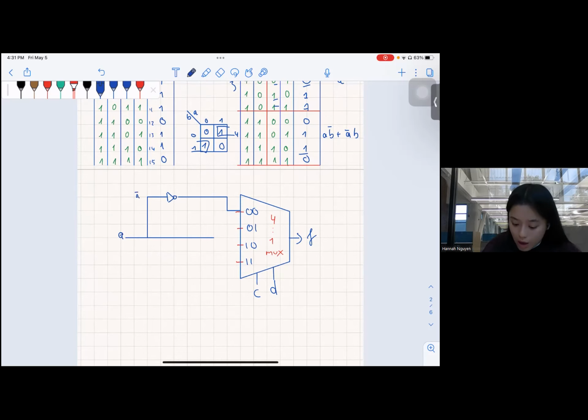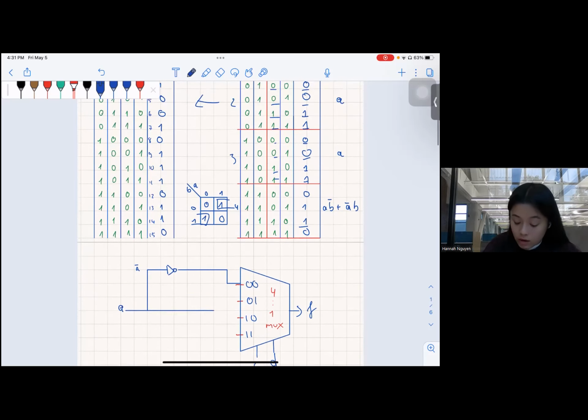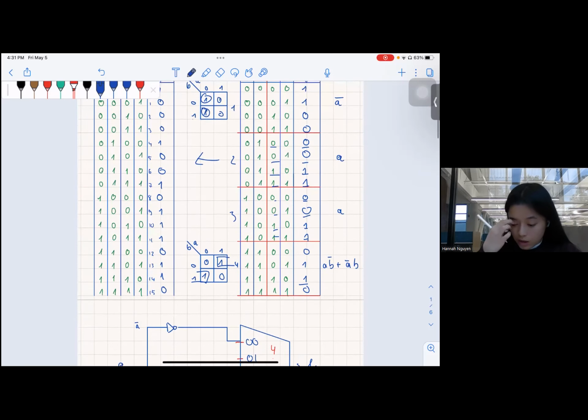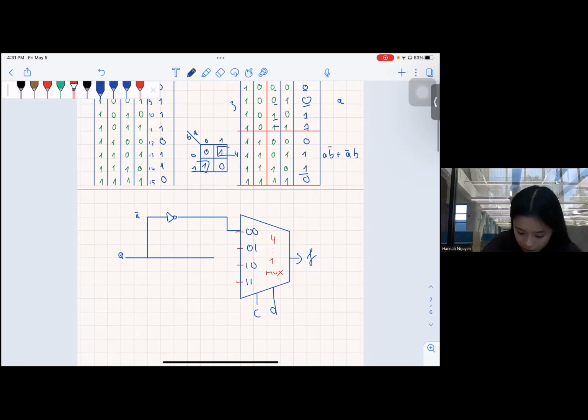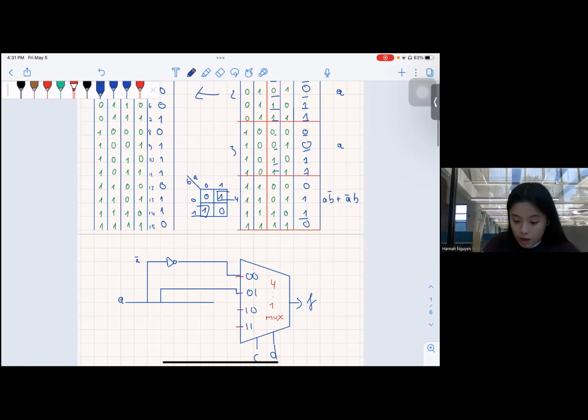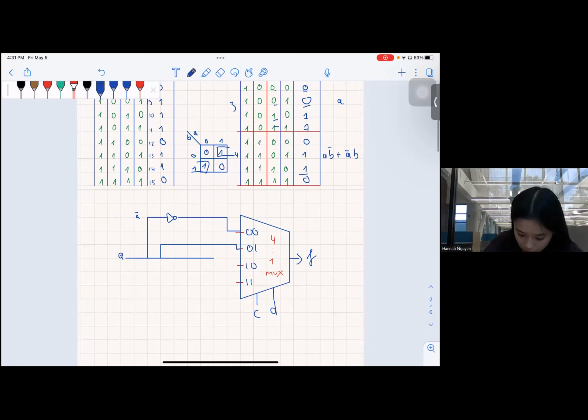This is A negate. And for when C is 0, D is 1, the input is going to be A. And for when C is 1, D is 0, the input is also going to be A.